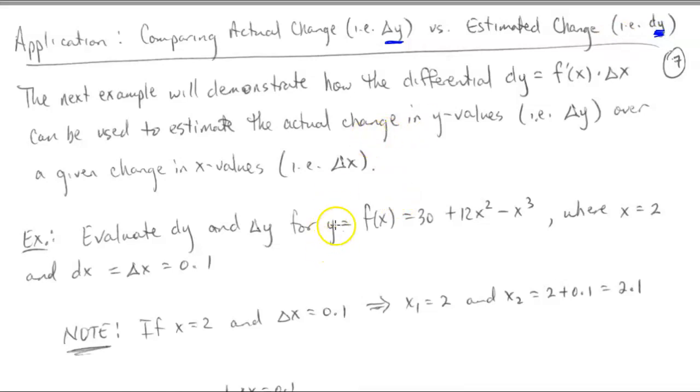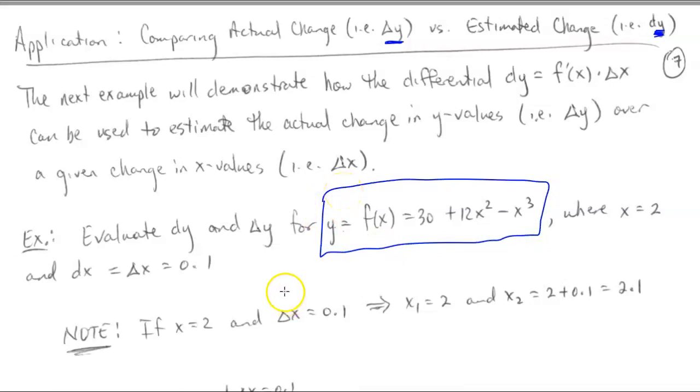Now, we have already dealt with this particular function before, but we're going to do it at a different x value here. And we're going to calculate what the differential of y is at that x value, as well as what the vertical increment or the actual change in y values will be.